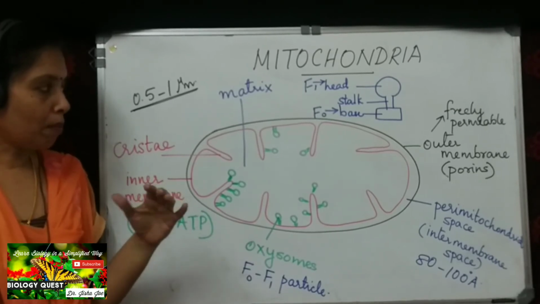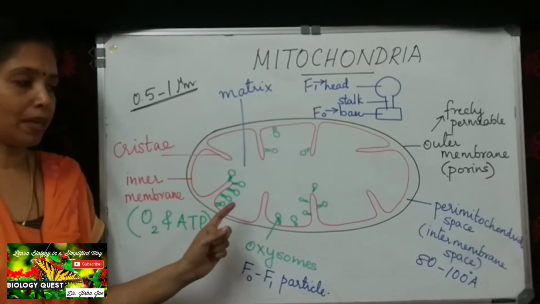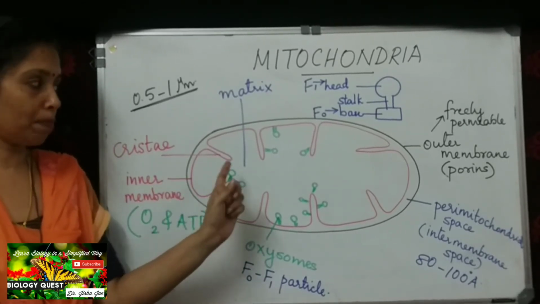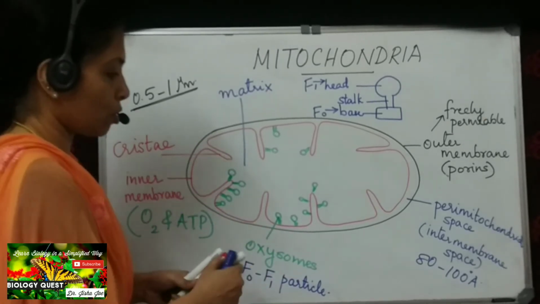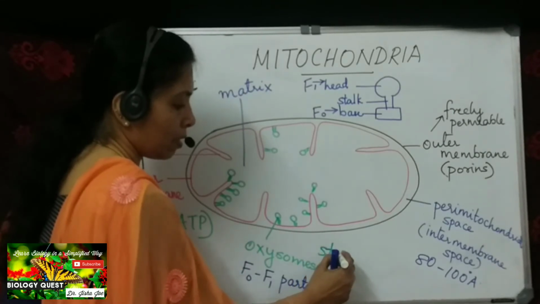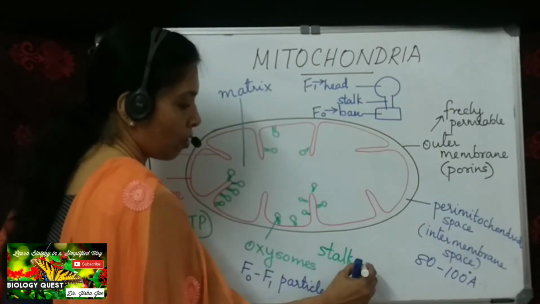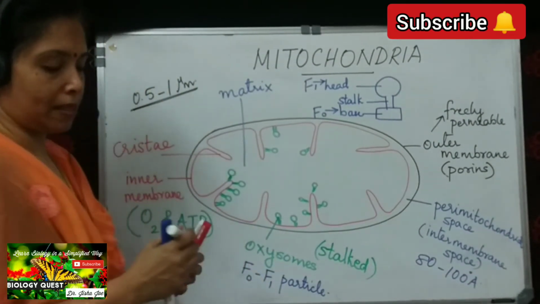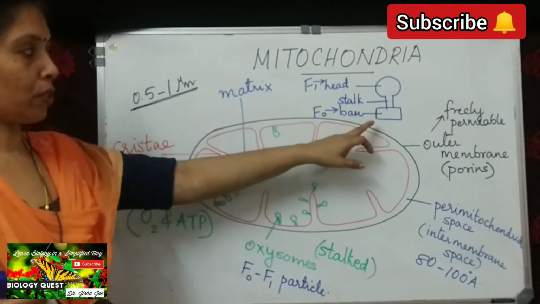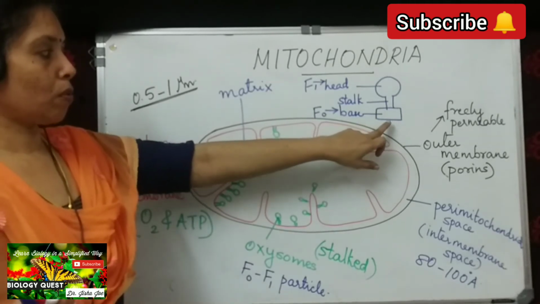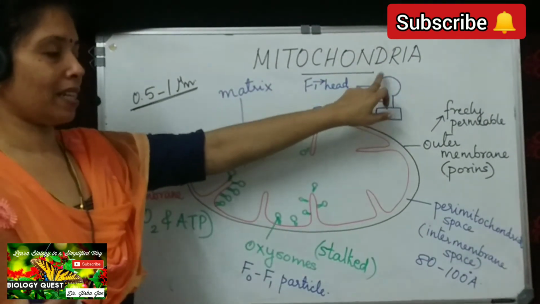When we look more closely at the inner membrane, you can see certain stalked particles. Since it has a stalk, it is called a stalked particle. These are called the oxysomes. Each oxysome has a base, a stalk, and a head piece.